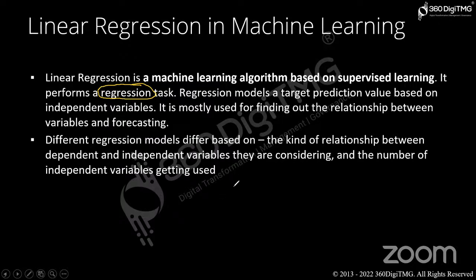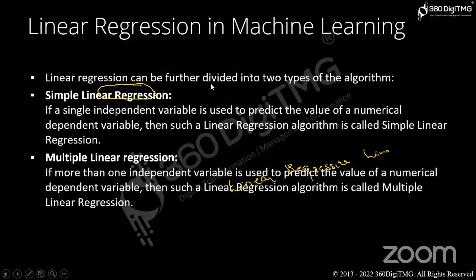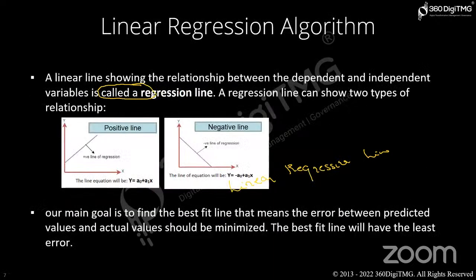When you talk about your regression line, a linear line showing the relationship between the dependent and the independent variable is called a regression line.